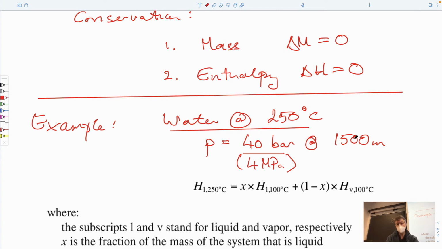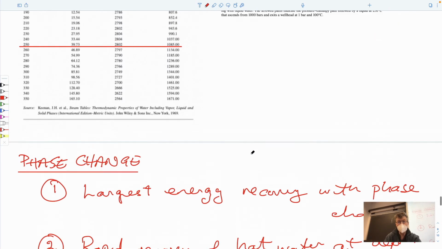So a third of 4 kilometers is something of the order of 1,500 meters. So it's equivalent of 1,500 meters below surface, capping it off. So 40 bars and 250 centigrade.